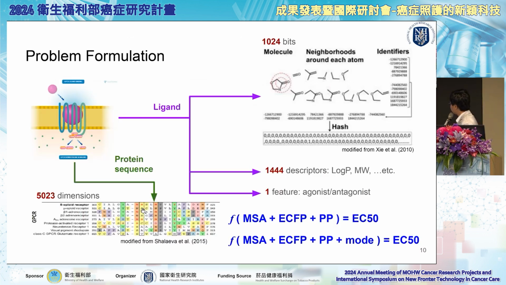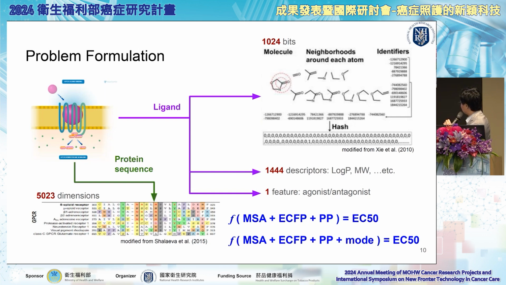Okay, so this is the problem formulation in our study. We decompose the problem into two parts. One is the protein sequence, and we apply a similar strategy as AlphaFold, where we use the multiple sequence alignment to try to get the conservation information from the GPCR protein sequence. And then the other part is the ligand part.